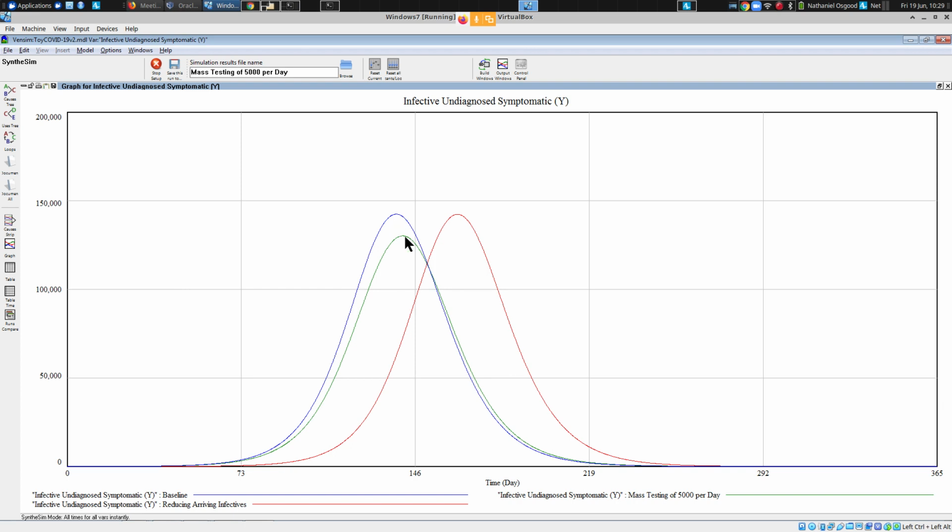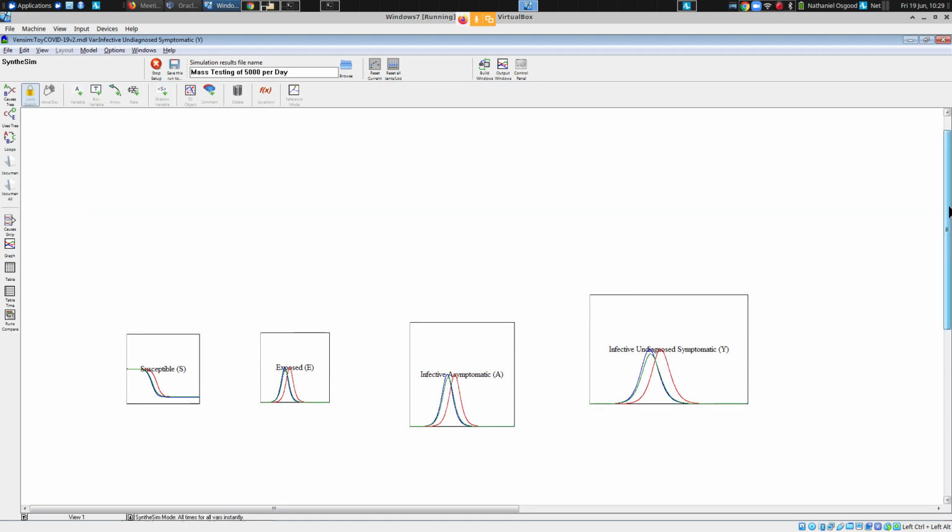It's brought it down a bit. Interestingly, by delaying it a bit, we still see a larger number of cases extending a bit later than the blue. The green is over the blue here. But it seems like the cumulative number of people infected probably is less.